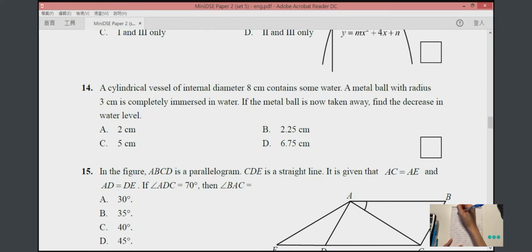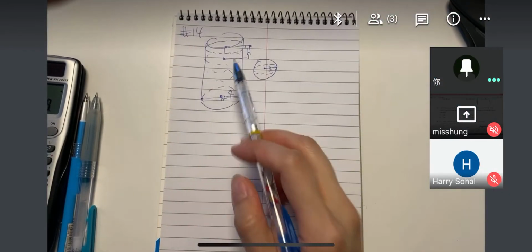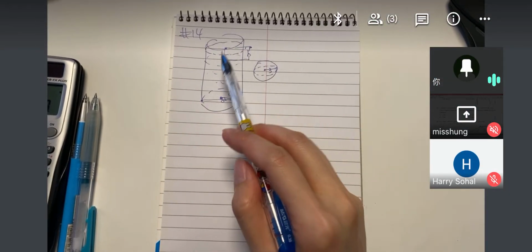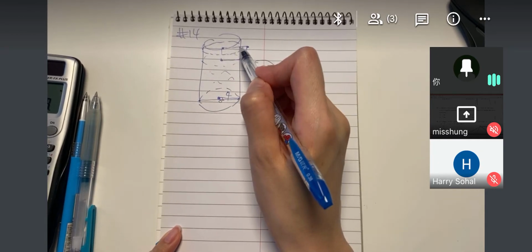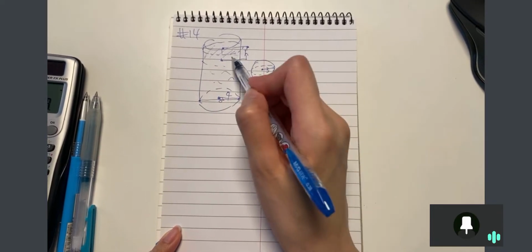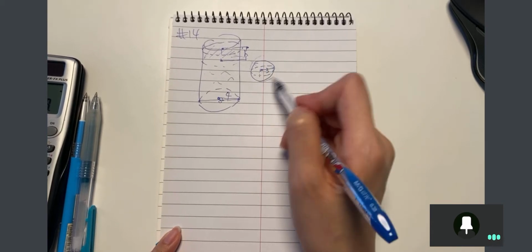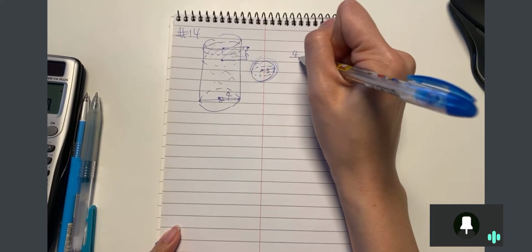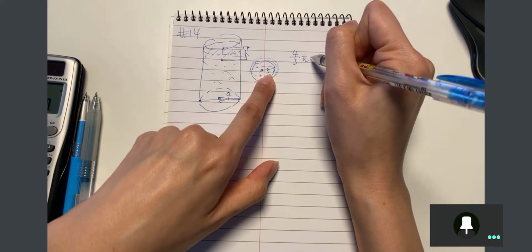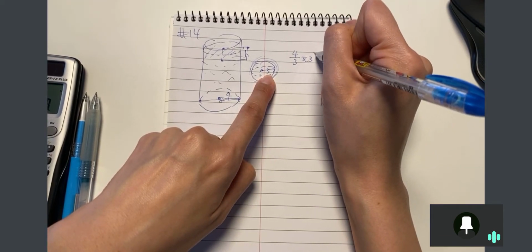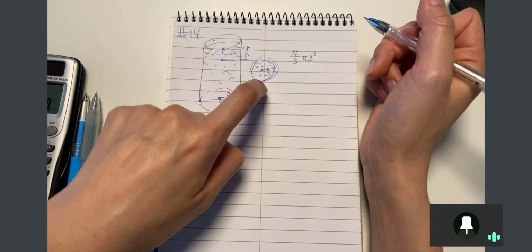That means the water level drop, let it be h. The volume of the missing water is equal to the volume of this sphere. The volume of the sphere is 4/3 pi r cubed.